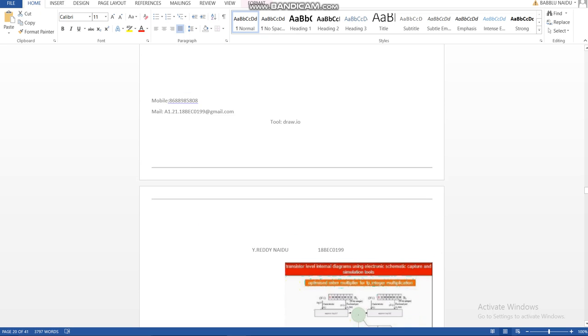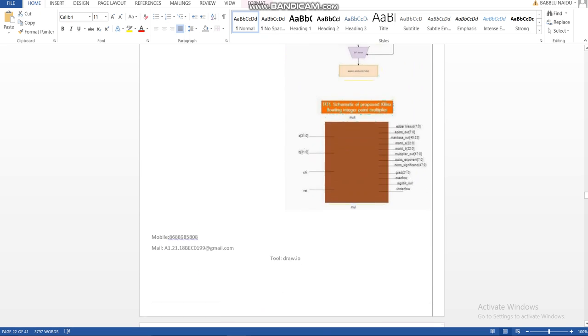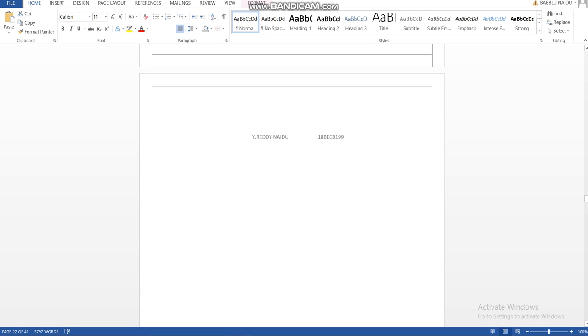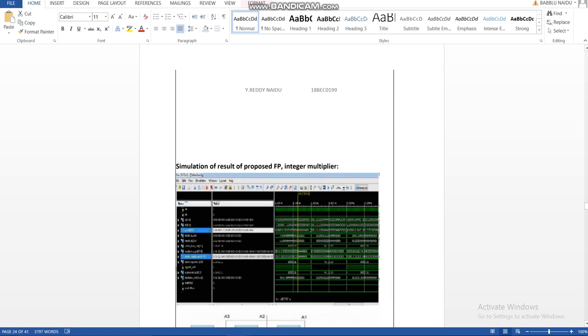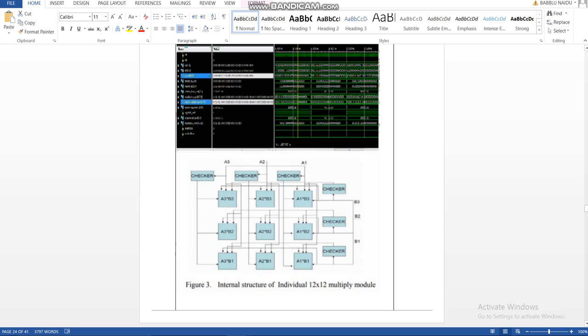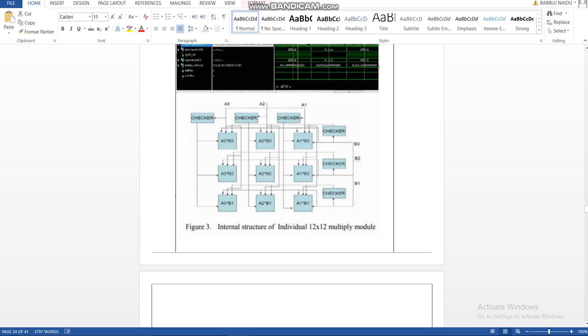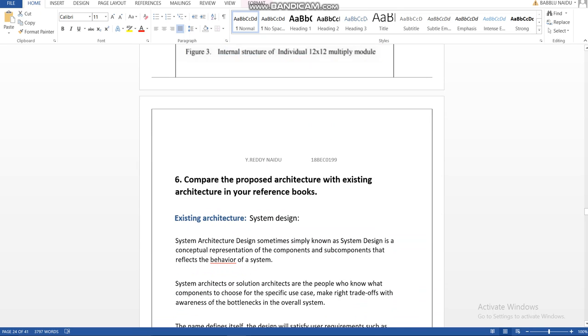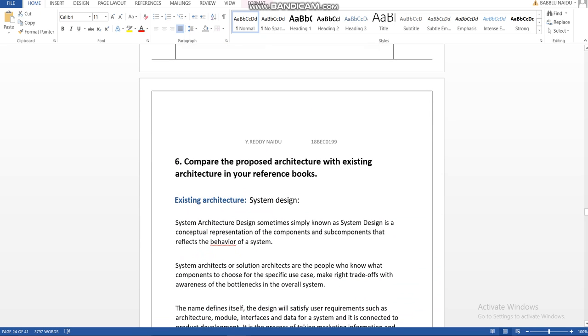Schematic of the proposed floating and integer point multiplier. Simulation result of the proposed FP integer multiplier. Internal structure of the individual multiplier module. The comparison of the architecture with the existing architecture.